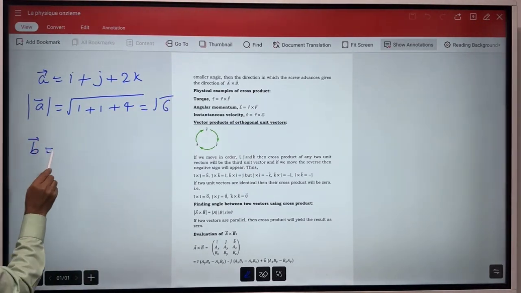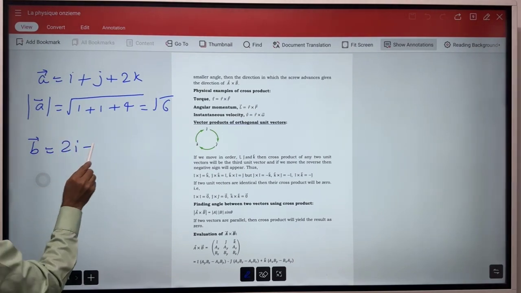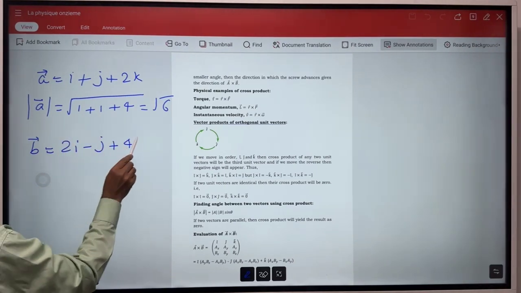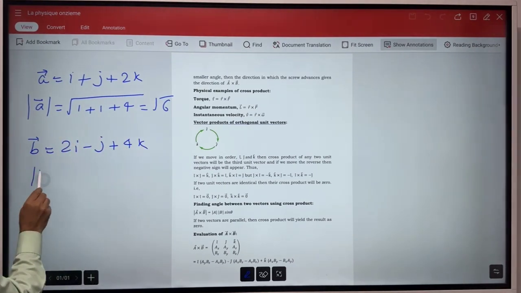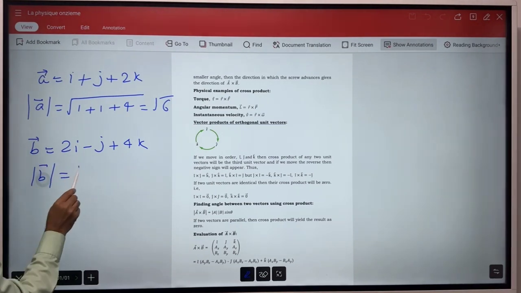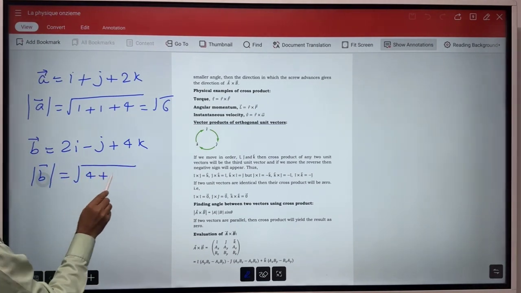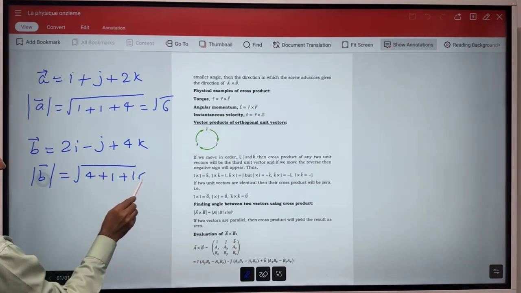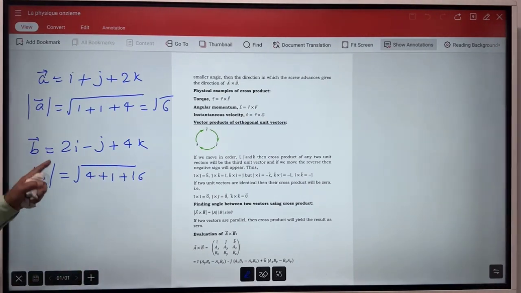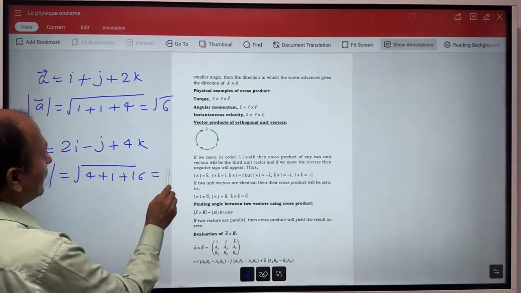Similarly, suppose you are given vector B, say 2I minus J plus 4K. Let's find its modulus. It will become 4 plus 1 plus 16, because of 2 square, 1 square, 4 square. So this is root 21.